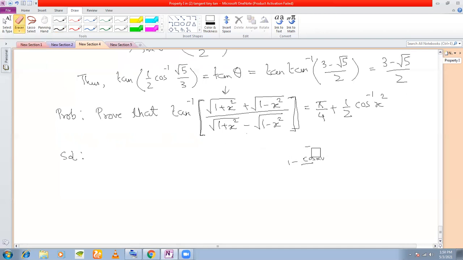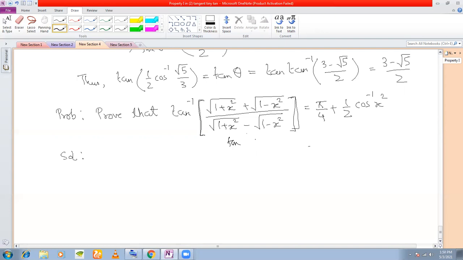So what should come to your mind next is that if I want to express this as tan, then we can take x square as cos theta. But why should I take x square as cos theta?